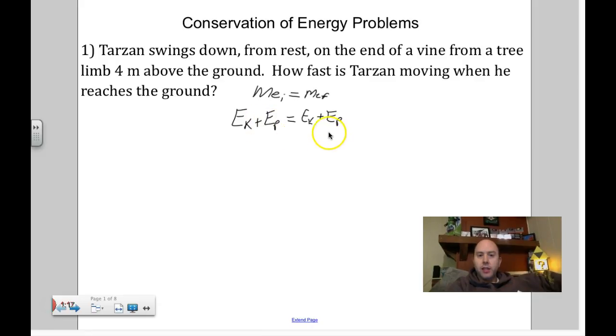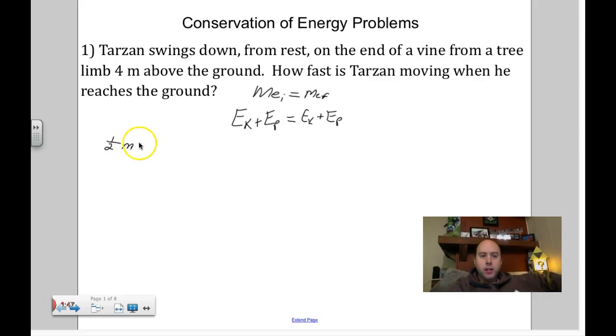These would have I's and these would have F's, but again, this writing tool is not working too well. Regardless, how do I set this up? I need to write the equations for kinetic energy and potential energy for both sides, labeled as initial and final. Now, your mass is constant. It never changes, so I don't need an initial or a final mass.